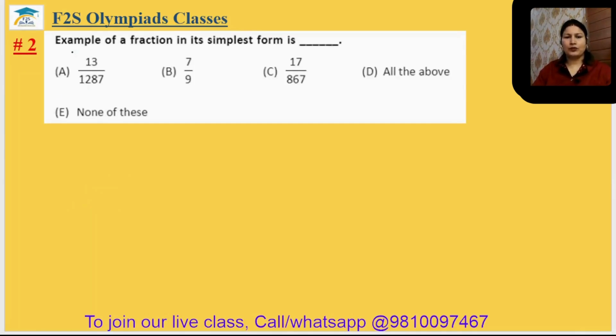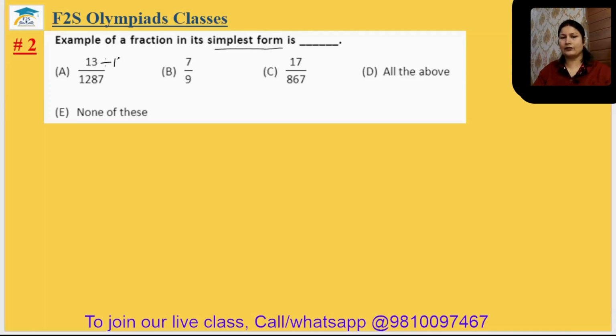Question number 2. Example of a fraction in its simplest form. Simplest form means there cannot be any common factor between numerator and denominator. Okay? So in option number A, you can see 13 is the common factor.